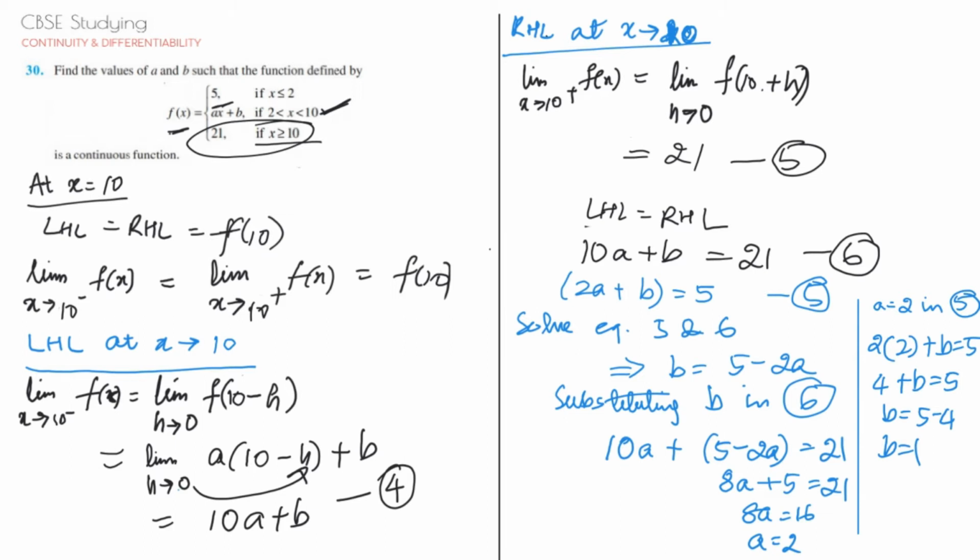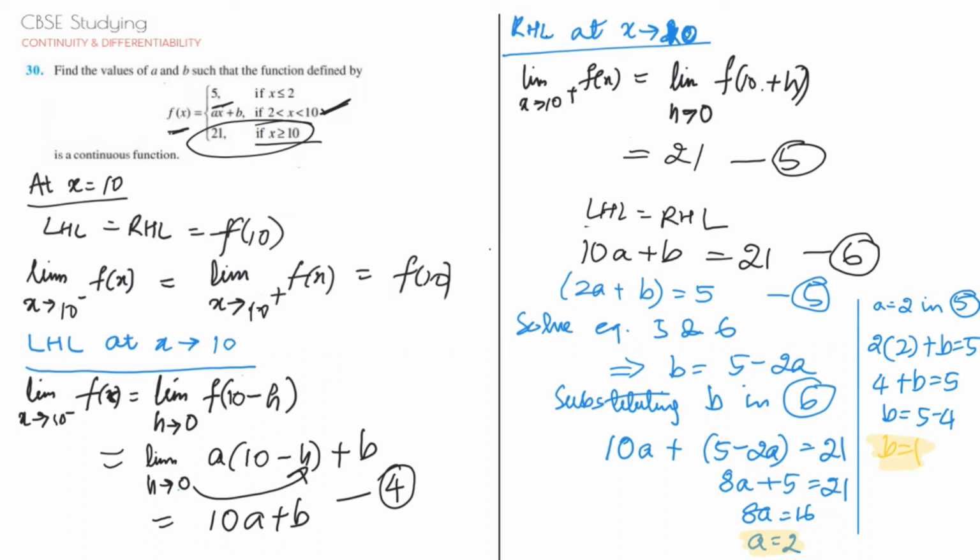So the values of a and b are right with you. a is 2 and b is 1. Value of a is 2 and value of b is 1.